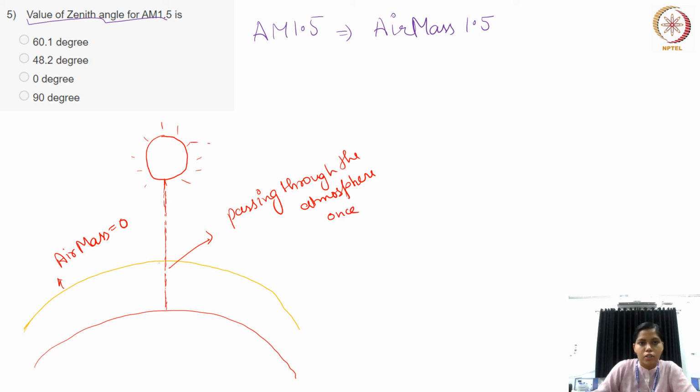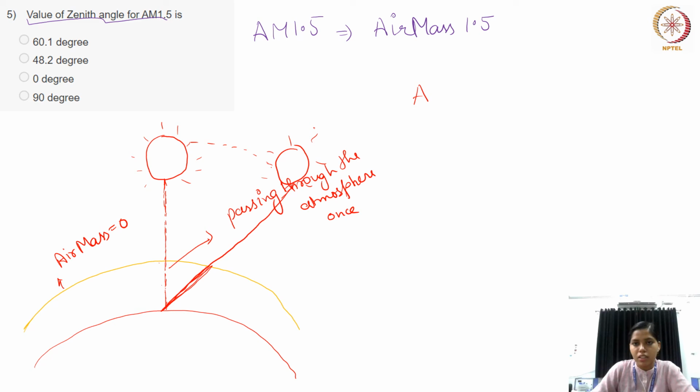So when the position of the sun changes, let's say now the sun is at this position, the path length traveled by the radiation to reach the Earth's surface will also change. So corresponding to this value, the intensity of the solar radiation is different.